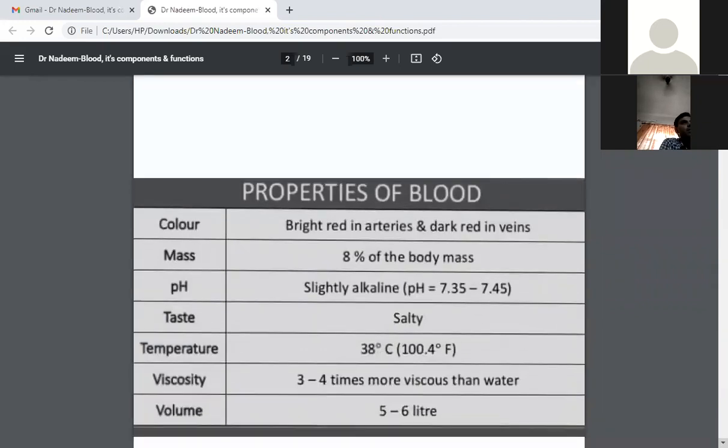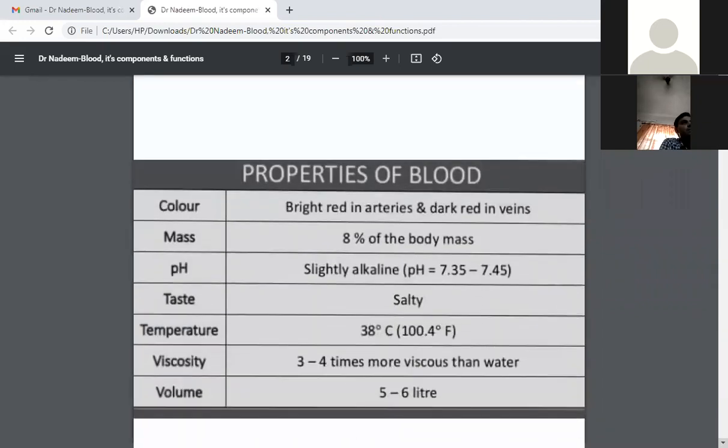What are the properties of this blood? Starting from color to volume. The color is bright red in arteries, while it is dark red in veins, and it comprises about 8% of the body mass. Its pH is from 7.35 to 7.45, that is slightly alkaline in nature. Its taste is salty, and the temperature is 38 degrees Celsius, 100.4 degrees Fahrenheit.